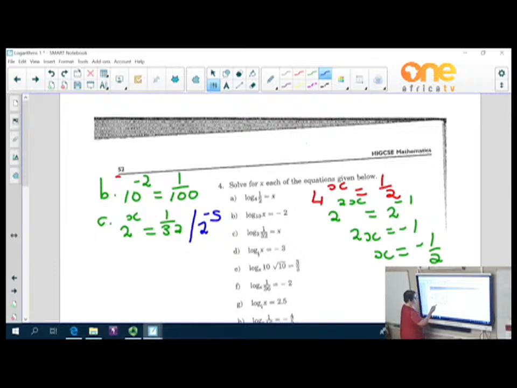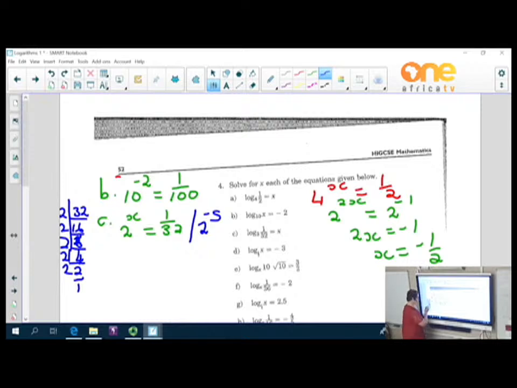If you don't know it, we go back to our grade 8 method where we said 32, finding the highest common factor where you divided it into prime factors. So you divide by 2, divide by 2, divide by 2, divide by 2, divide by 2. So that's how I know that it is 2 to the power of 5.